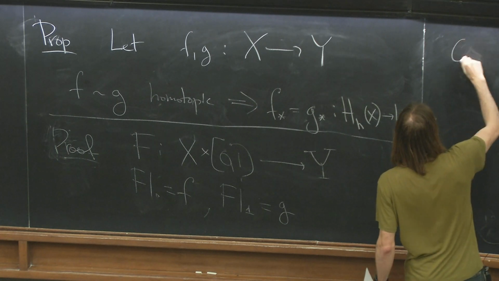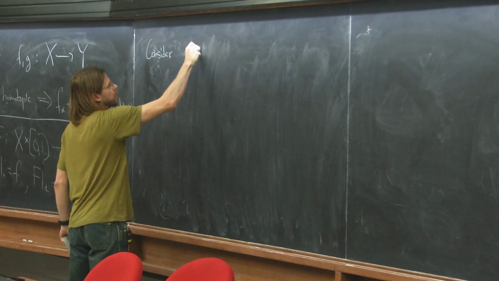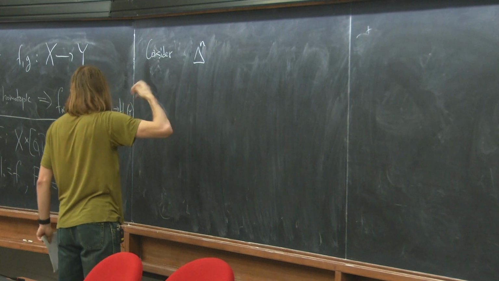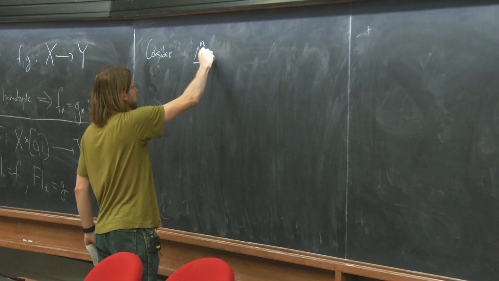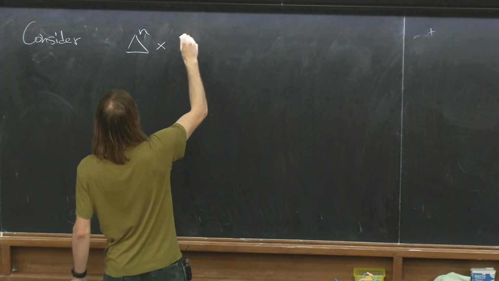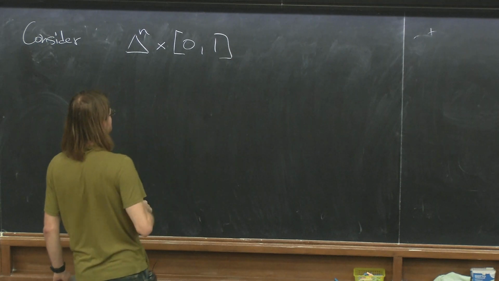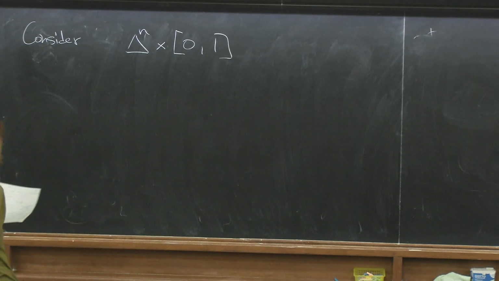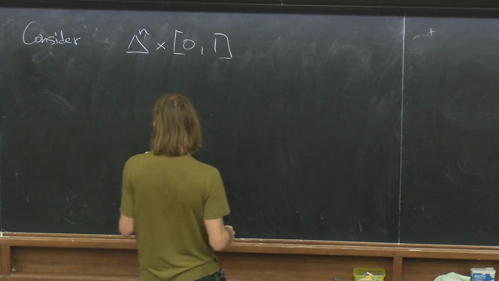For this, we'll need to do some preliminary construction. The homology group has something to do with these maps from n-simplices, and the homotopy has to do with the map from an interval. So let's combine these two things together and consider this product.